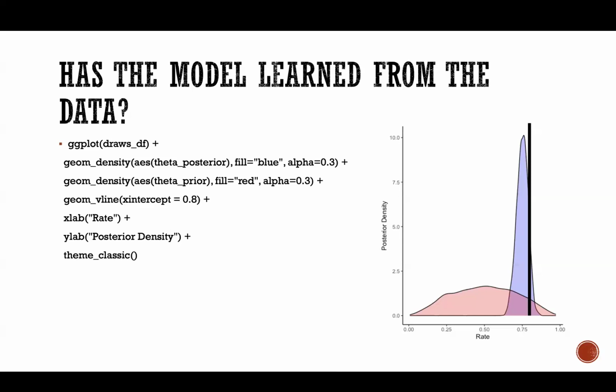Is the posterior capturing the truth? Well, it certainly has to learn something, but the mode of the posterior is too low. Okay, yes. So rephrasing, we have a truth that's 0.8.